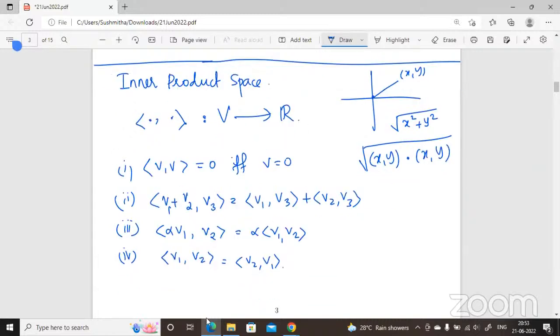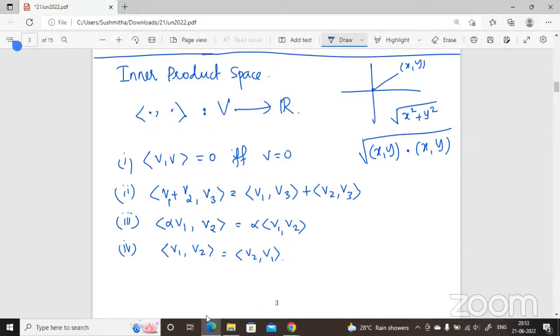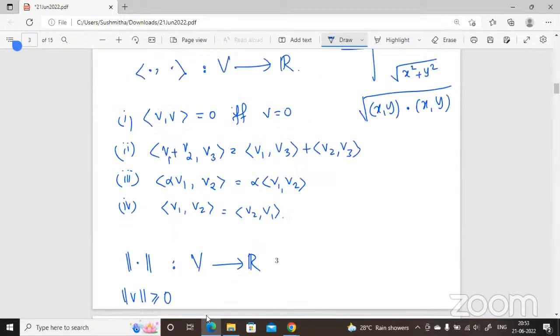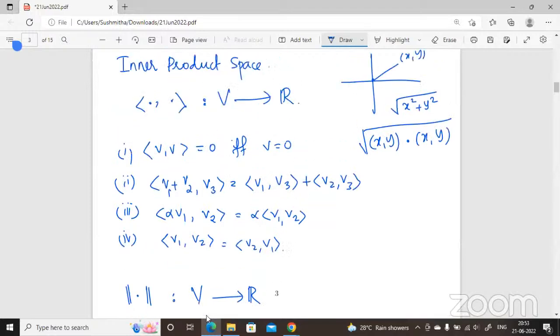In a general inner product space, we have the same concept being generalized. We have what is called a norm. A norm is a function from a vector space to R satisfying certain properties. What are the properties? The norm of any vector is always greater than or equal to 0, because the distance of any point from the origin cannot be negative.